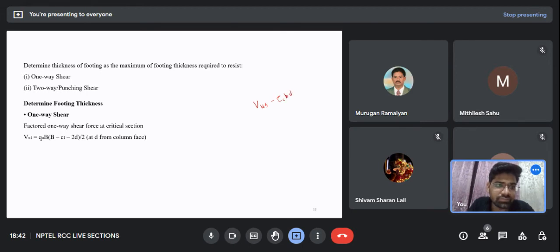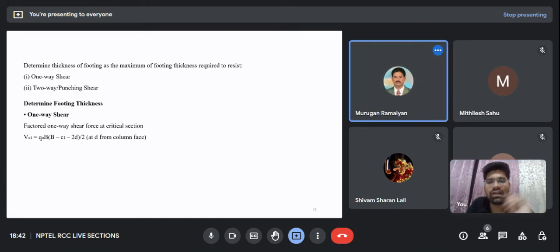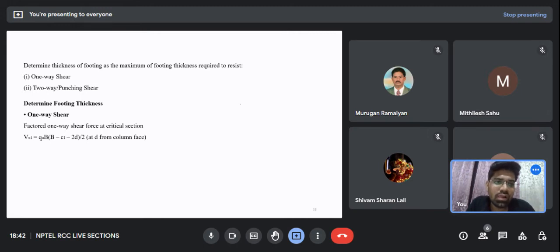Okay, so what you are saying is this. So how to calculate tau C? From the percentage of Ast, sir. Yes, exactly. So basically, let me clarify more. Since this is the beam, in beam we had longitudinal reinforcement, that is the flexural reinforcement, and stirrups.